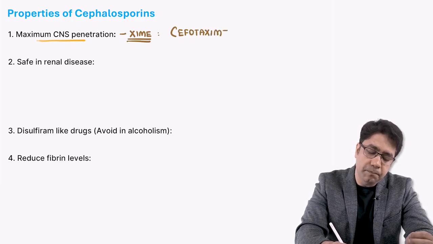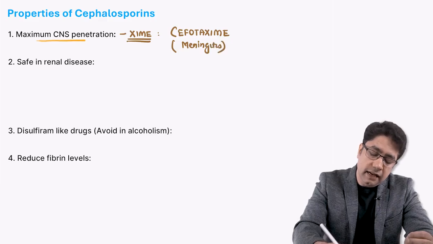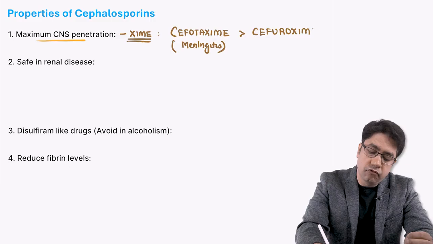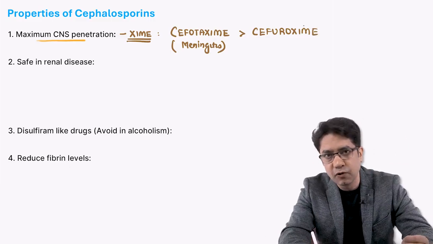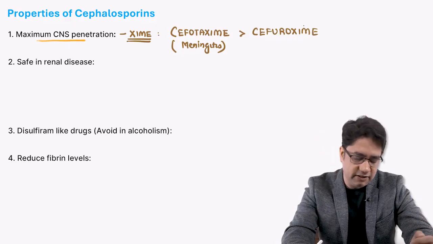That is why it is preferred in cases of infections like meningitis. Another drug you can write, cefuroxime. So this cefotaxime was third generation cephalosporin, while cefuroxime was an exception, it was second generation.